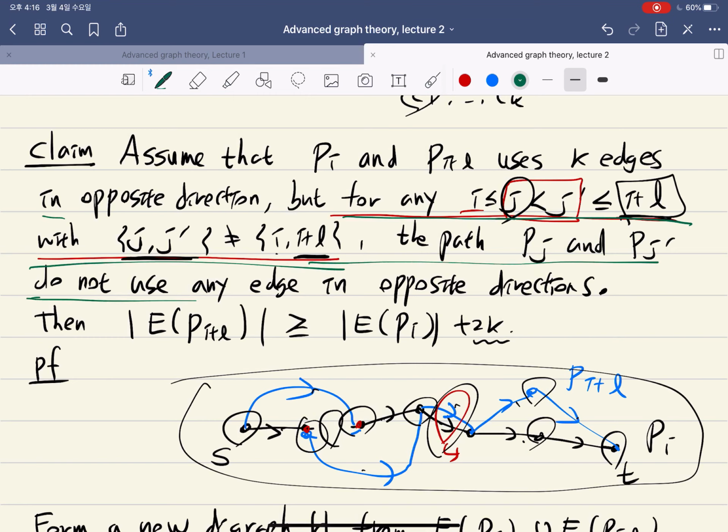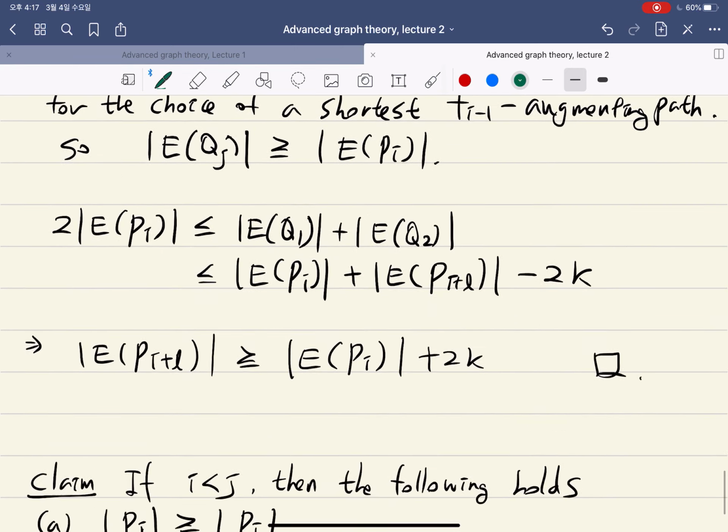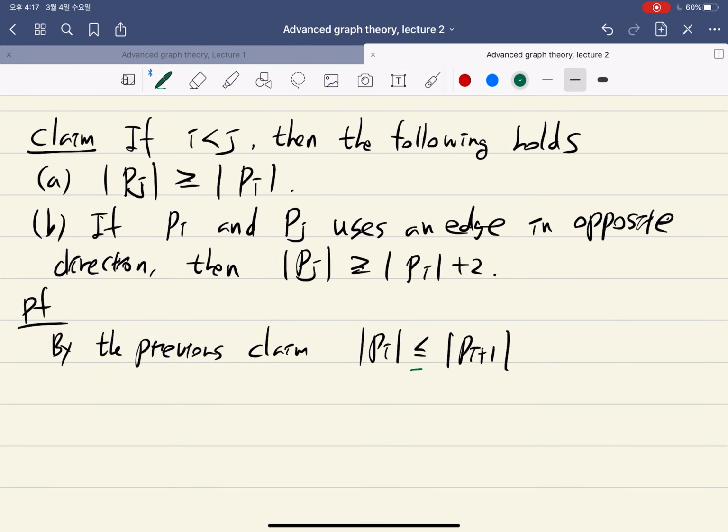So this second condition is trivially satisfied for i and i plus 1, and then they share at least 0 edges in opposite direction. So you just apply that, then you get this inequality. And then you do that until you get Pj.